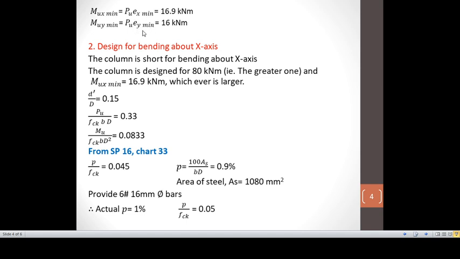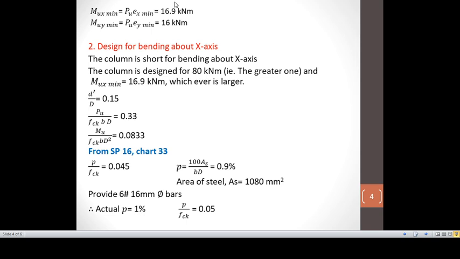Here Ey minimum is taken as 20 mm; even though by calculation it is less than 20, we need to consider at least 20 mm. So these are the values obtained for Mux minimum and Muy minimum. We have calculated the initial moment due to the eccentricity of the axial load.